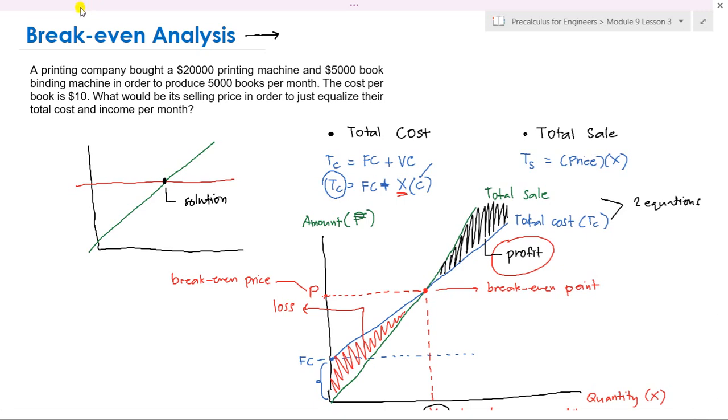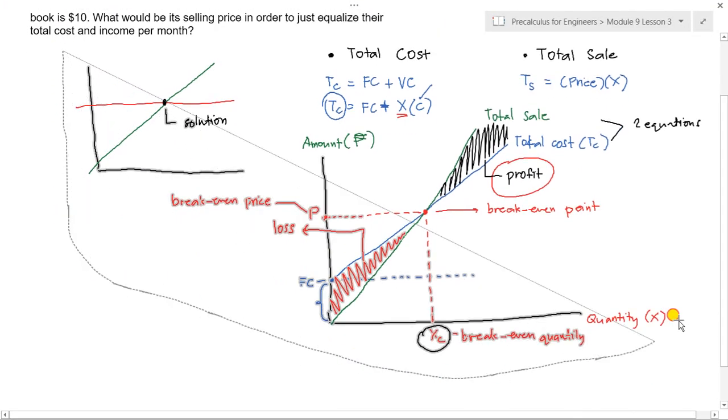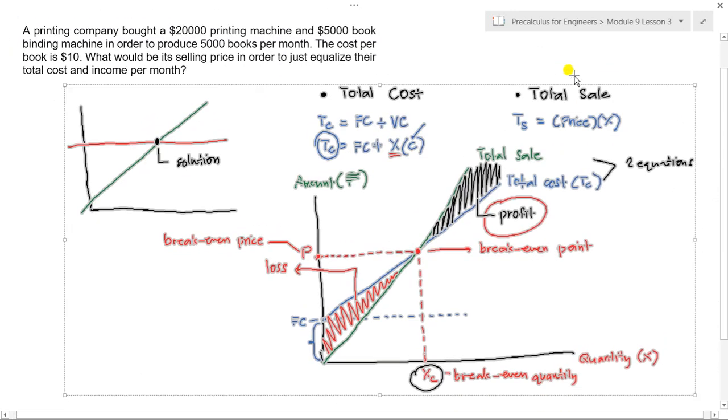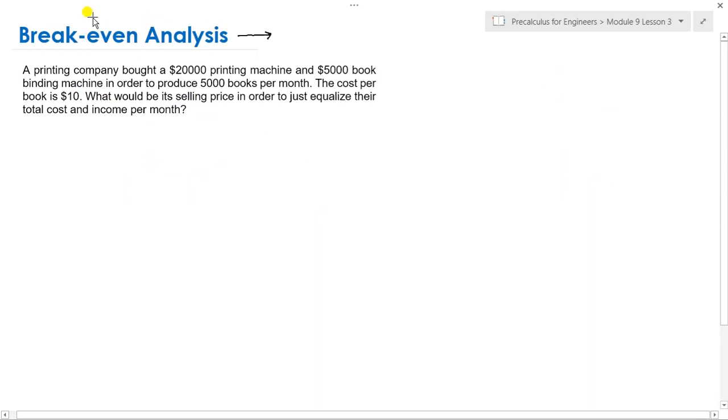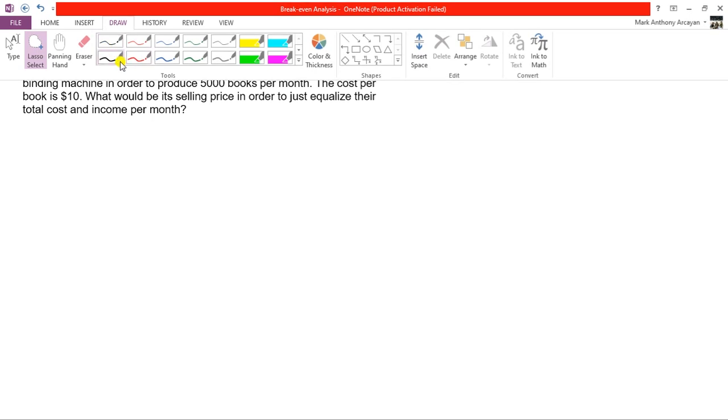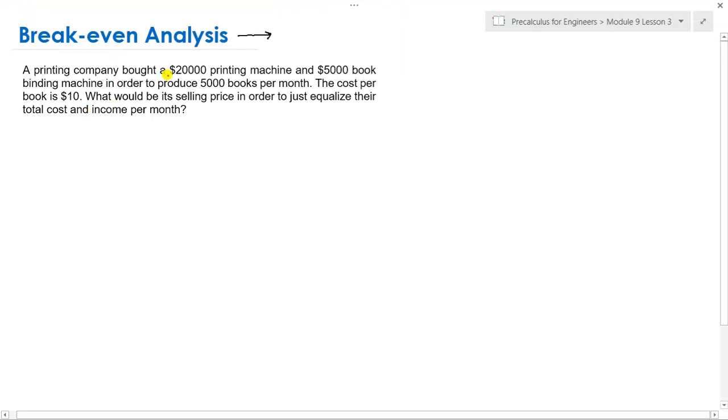Okay, so let's proceed to the first example for break-even analysis. A printing company bought a $20,000 printing machine and a $5,000 book binding machine in order to produce 5,000 books per month.